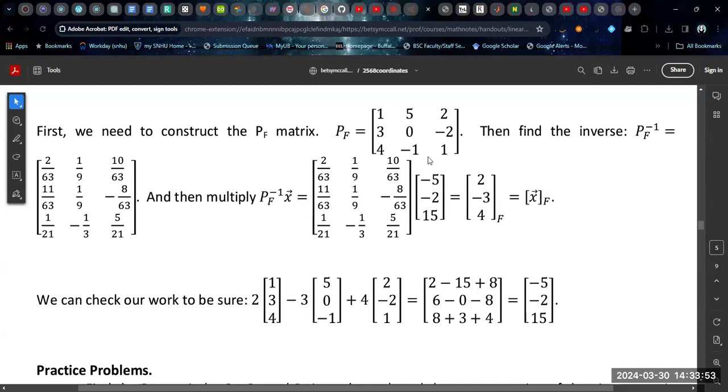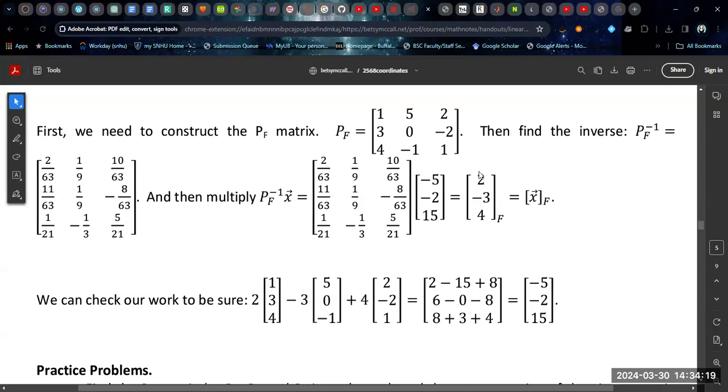Now, I did this using technology in my calculator. I entered this into my calculator and I found my inverse, and I got this expression for my inverse. And now if I multiply my inverse by my vector in the original coordinate system, then I end up with the result of (2, -3, 4). Now again, what does this represent?